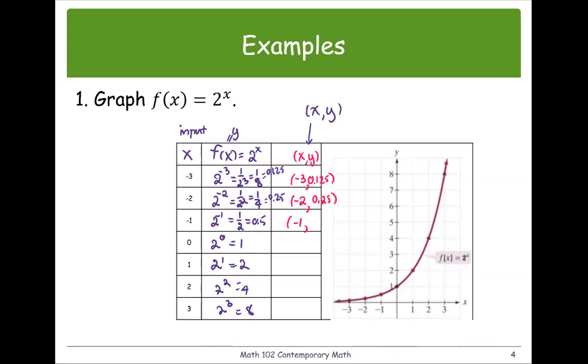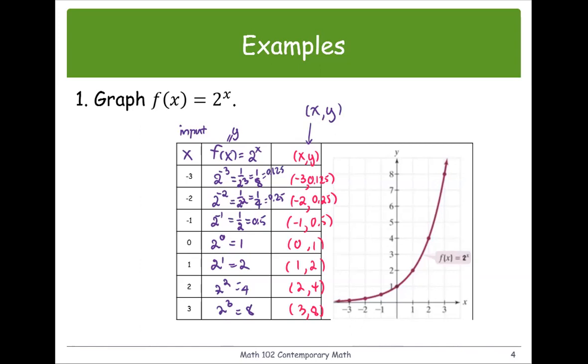And then negative 1, 0.5, 0, comma 1, 1, comma 2, 2, comma 4, and 3, comma 8. Now we get the ordered pairs x and y, and we're going to plot the graph.